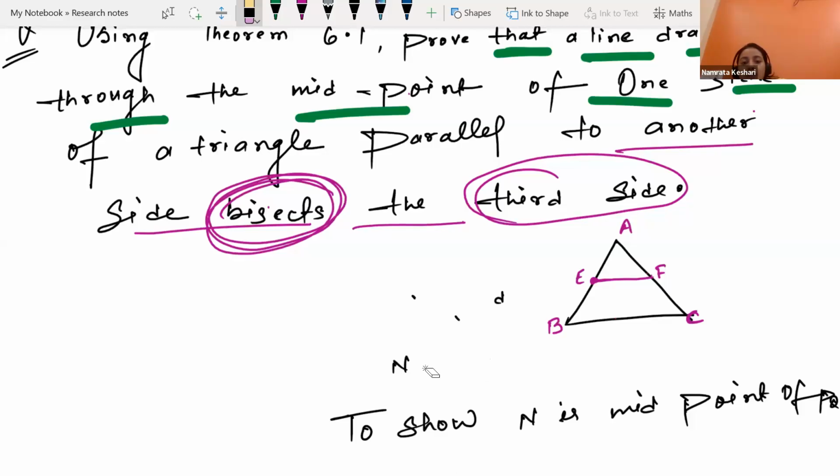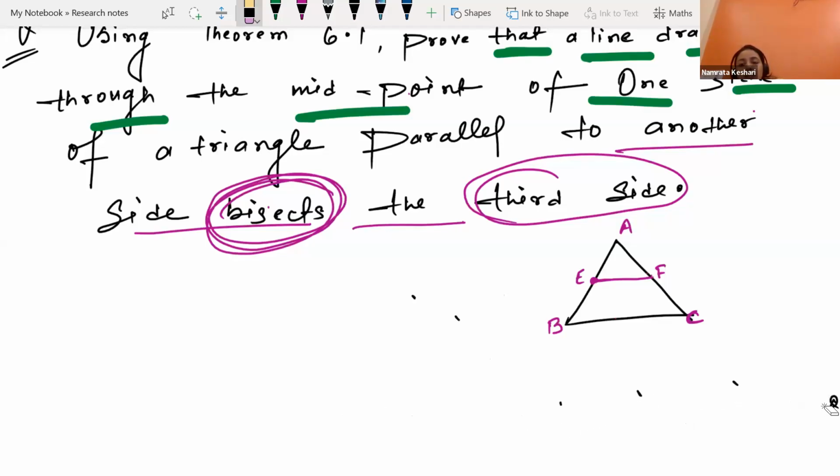In the question it is given that E is the midpoint of AB. It is also given that EF is parallel to BC. Let me write it. It is given that E is the midpoint of AB.